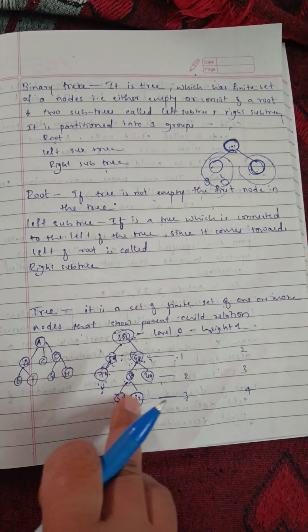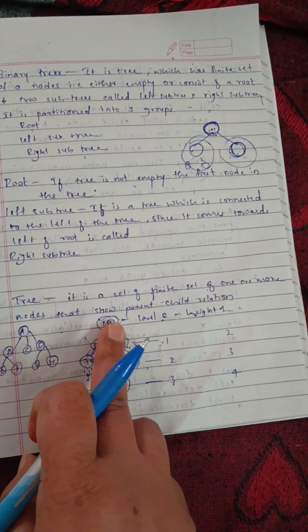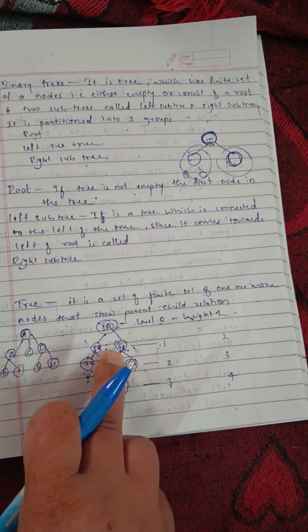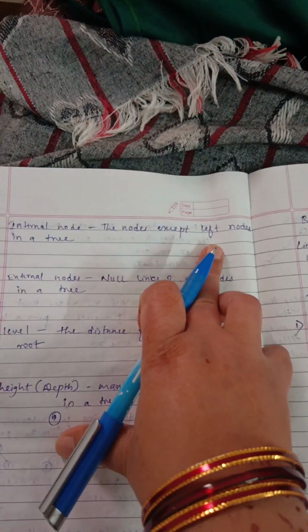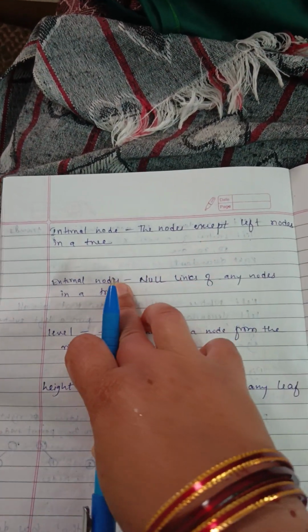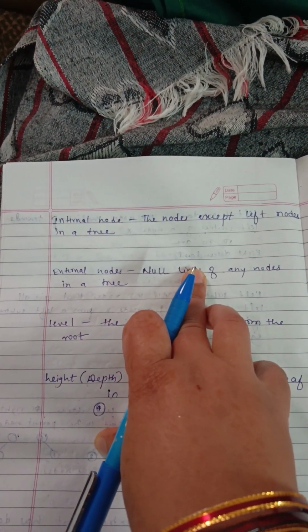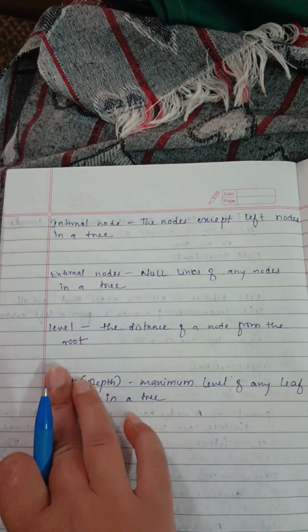And if you leave these terminal nodes, all the other nodes here are known as internal nodes. Yes, internal. The nodes except the leaf nodes in a tree are known as internal nodes. The external null link of any node is known as an external node.